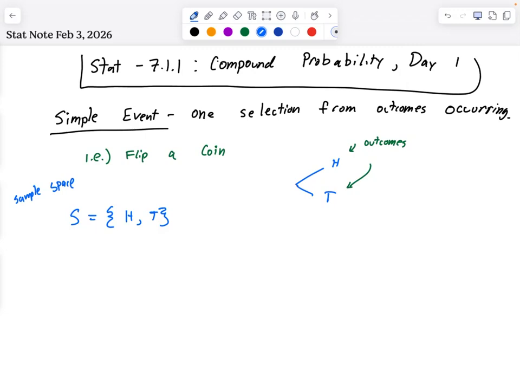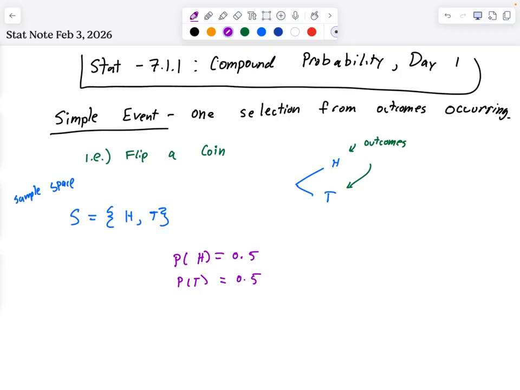And we know that the probability in this simple event of a heads is what? As a decimal. What is it as a decimal? The probability of a heads. 0.5. And the probability of a tails is also 0.5.